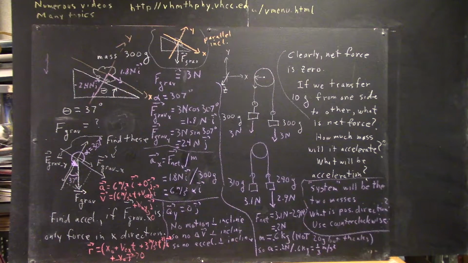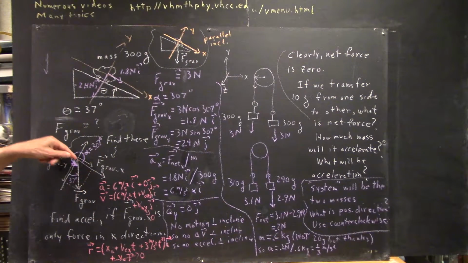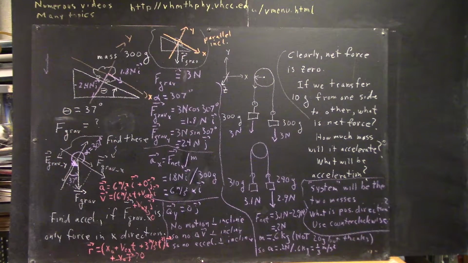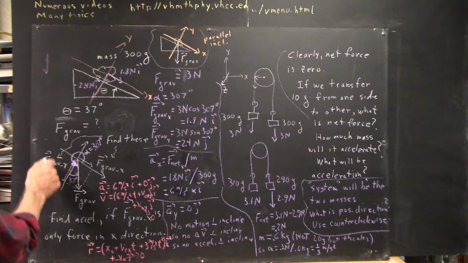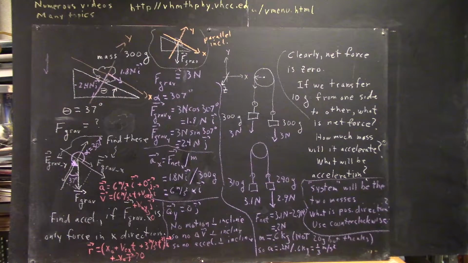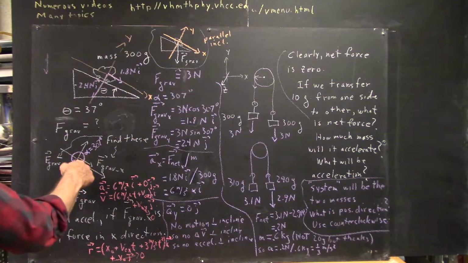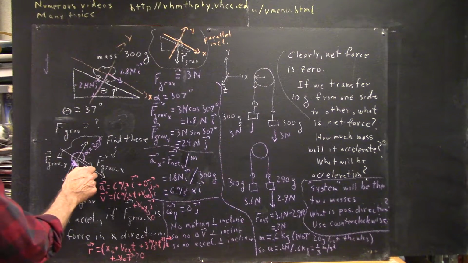Okay, now we want to find the components of the gravitational force in the x direction and in the y direction. We call that F grav x and F grav y, which I'll sometimes call F gravy. Those projections, we want to sketch it, we want to see where they are.